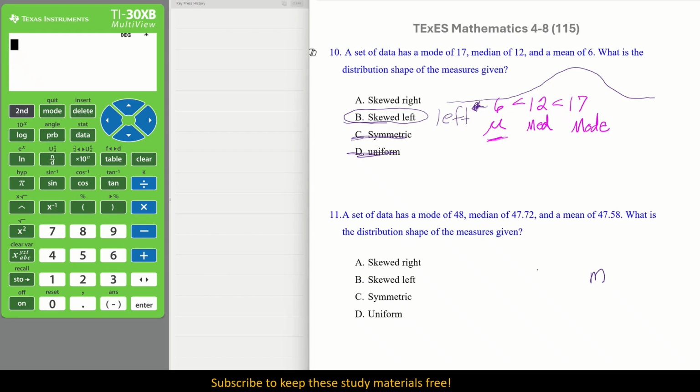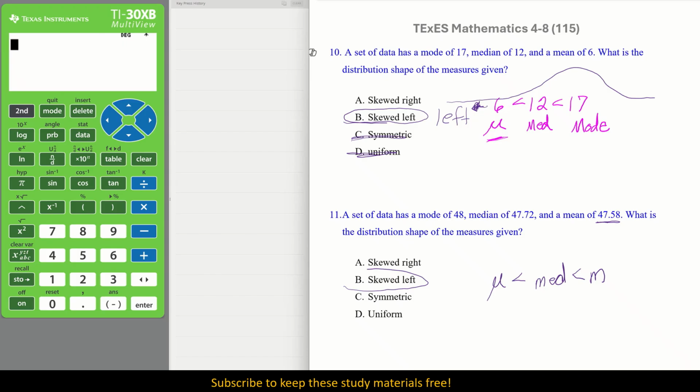Then the median is here. And my mean is the least. So here again, this one is also skewed to the left.